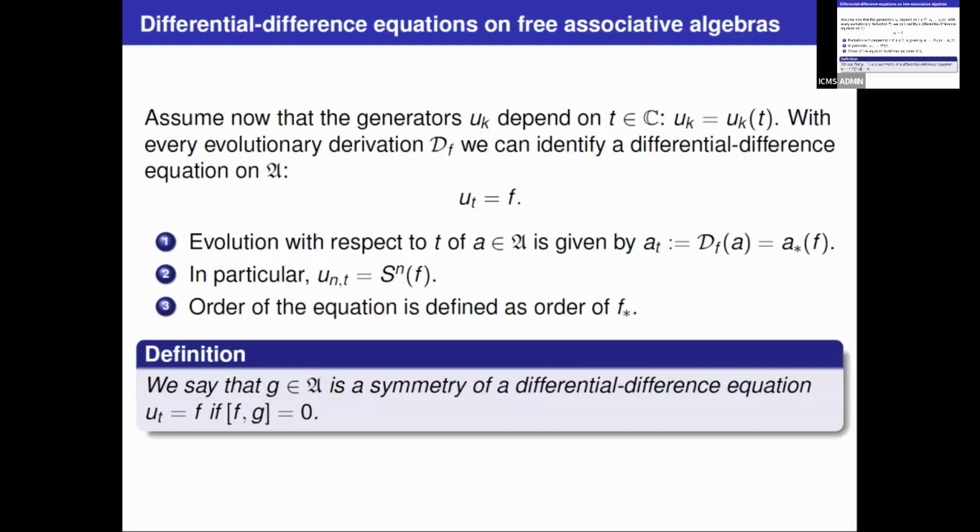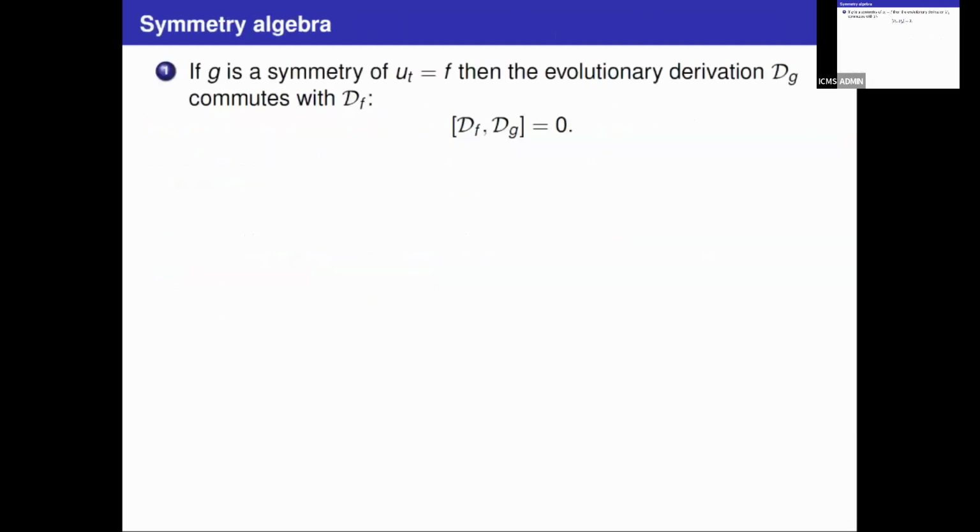And the order of the equation is defined by the order of the Fréchet derivative operator. If g is a symmetry of our evolutionary equation, then the derivations d_f and d_g commute.